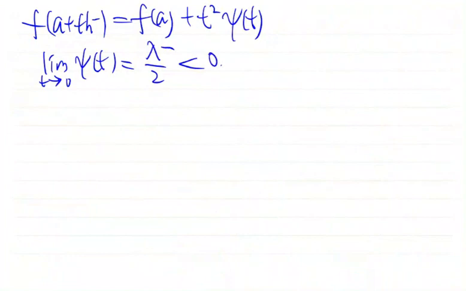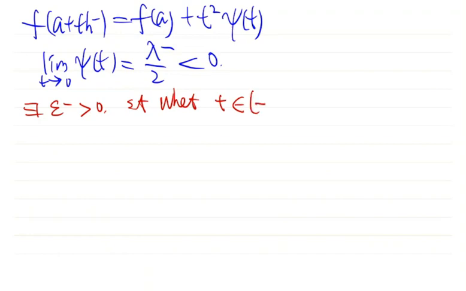So by the basic property of limit of function, there exists some epsilon minus positive such that when the absolute value of t is less than epsilon minus, psi(t) is negative.